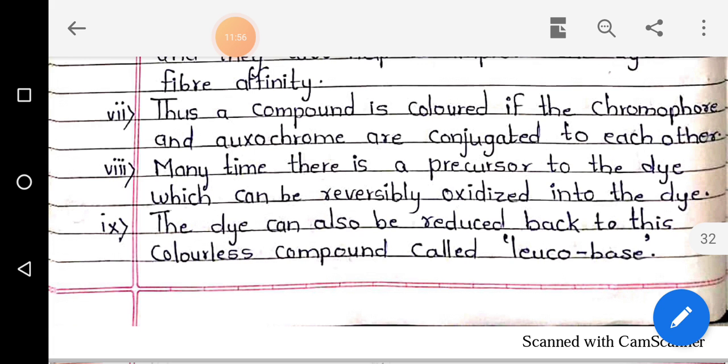We have shown how the conjugation takes place with examples of OH and NO2 groups, NH2 and NO2 groups attached to the benzene ring, and how this conjugation is useful for the higher color of the compounds.